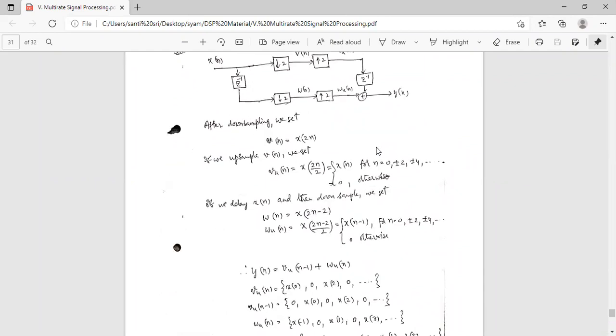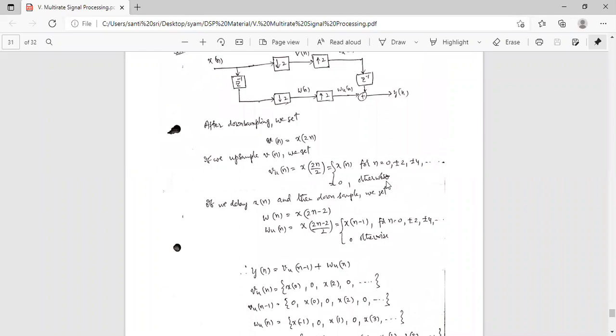Then vu of n is x of 0 if n is 0, x of 2 if n is 2, and x of 4 if n is 4, etc. Like this we can write.